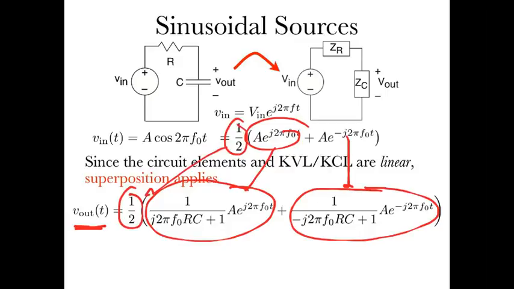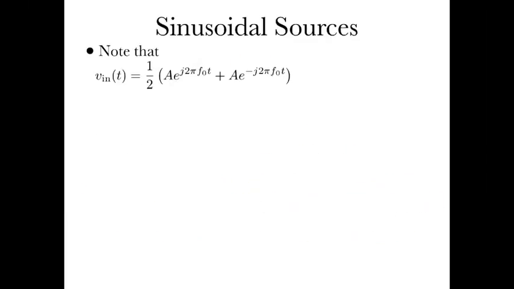And this is because of superposition, because the circuit elements we've been talking about are linear. This is why the linear concept is so important. It really makes our life easy. Okay, so let's continue this. I'm going to show you how to simplify that answer. It looks a little daunting as it stands right now, but there's another mathematical thing we can do.